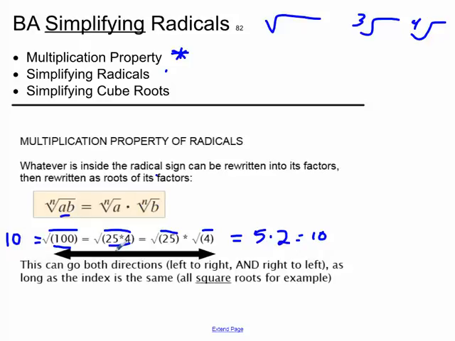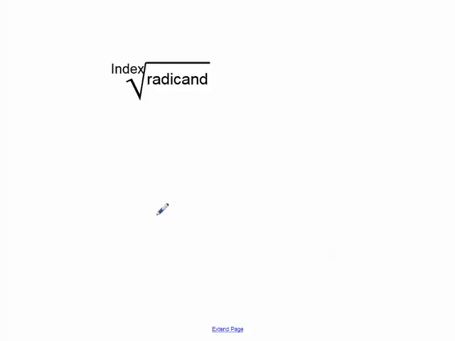And keep in mind, we're going to use the idea of separating and conquering to make things simpler with different products inside here. Later on, we're going to find that this actually goes both directions. So we can take this and separate and conquer, or later on, we might be able to take these and combine and conquer. So let's take this multiplication property of radicals, this whole idea that we can separate and conquer using radicals, and maybe apply it to a couple different examples.